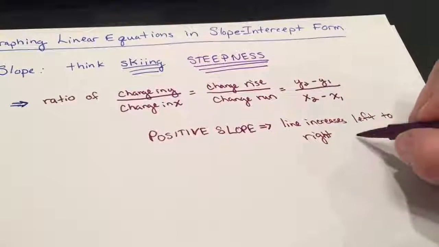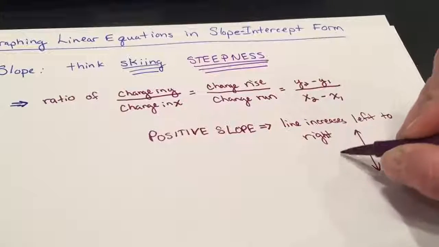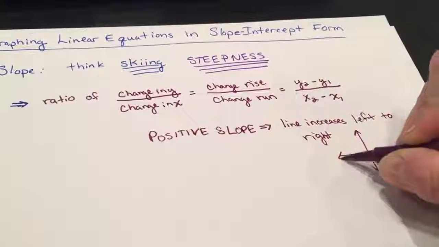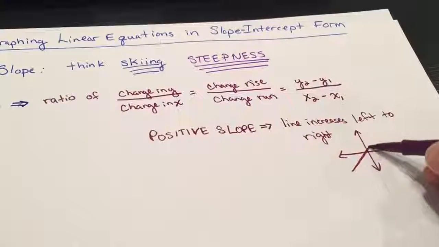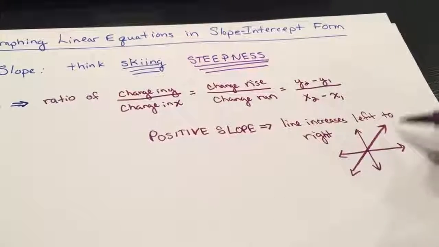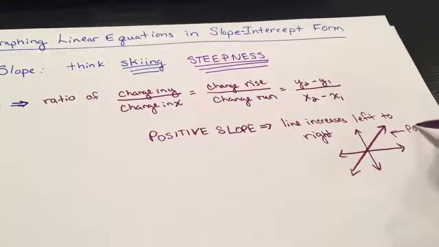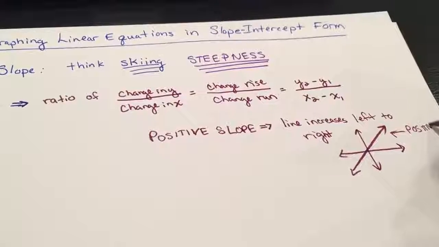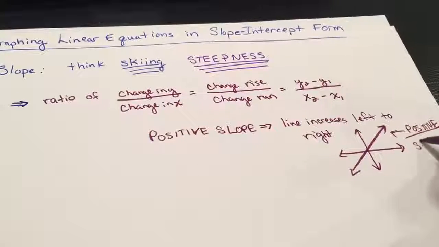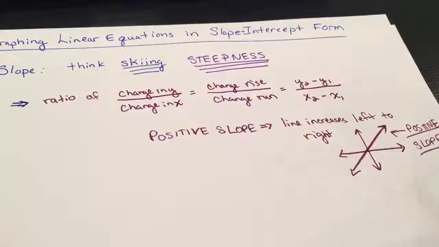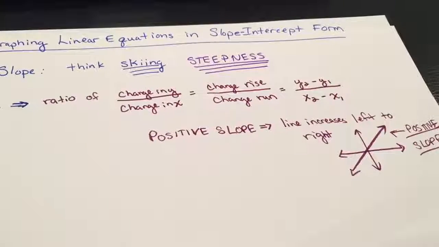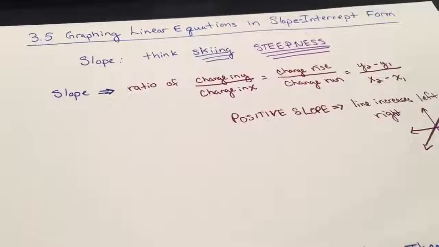Okay, so what that means is if I graph it, I'll draw a quick sketch of a graph. This has a positive slope. So it's going up from left to right.